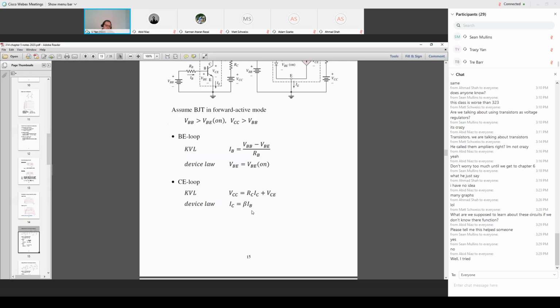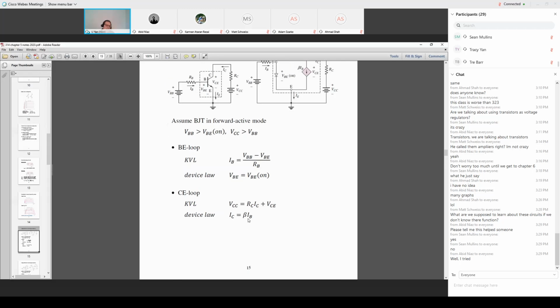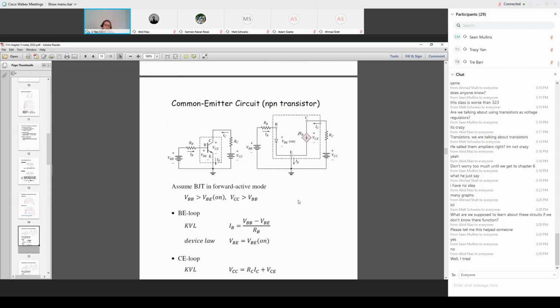We learned that in the transistor basics. Don't just say okay, digest that and remember that. And here we use that property. IC in forward active mode is proportional to IB. That says we can model the collector current as a dependent current source. What's the dependence? IC equals beta times IB.